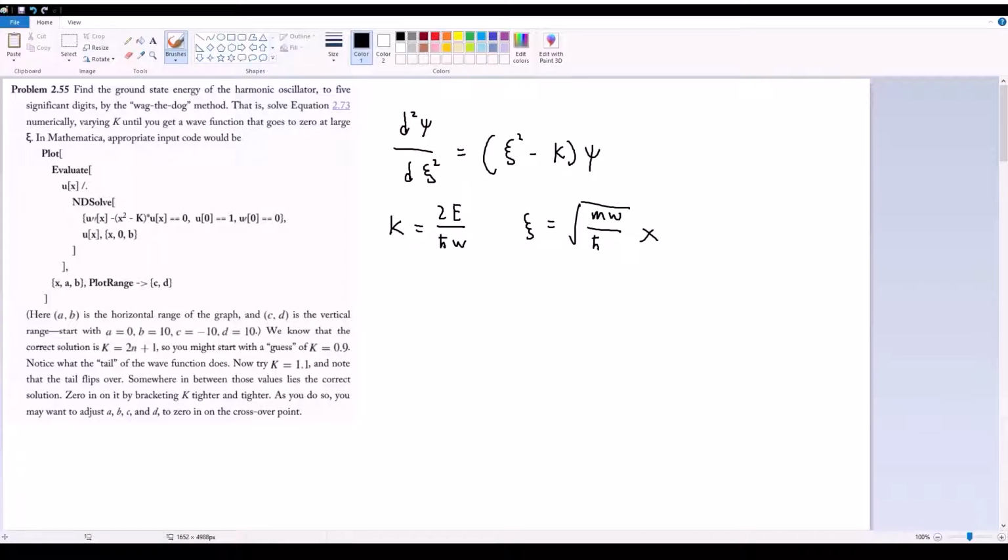So originally, in the textbook, we solved this via approximation by recognizing that the wave function simplifies down at very large values of this xi term.